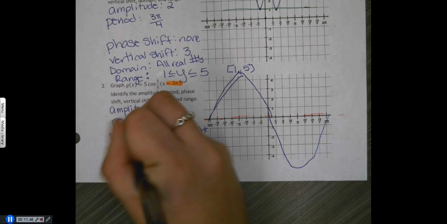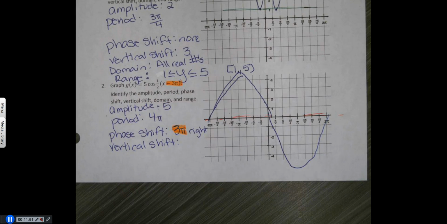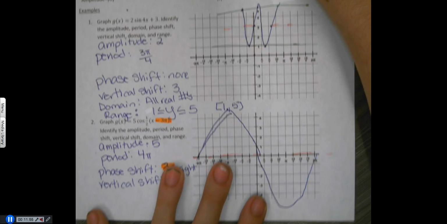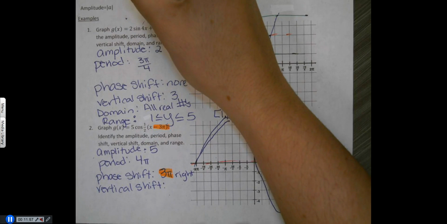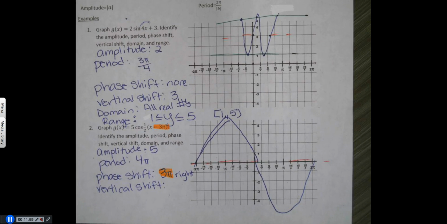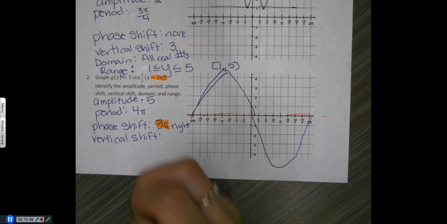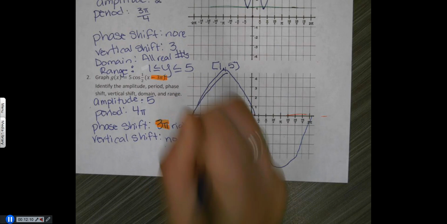Then I have a vertical shift. Do I have a number? Because there's no number inside the parentheses with the x. Do I have a number at the end, outside of the parentheses? No. So this one's none for vertical shift.